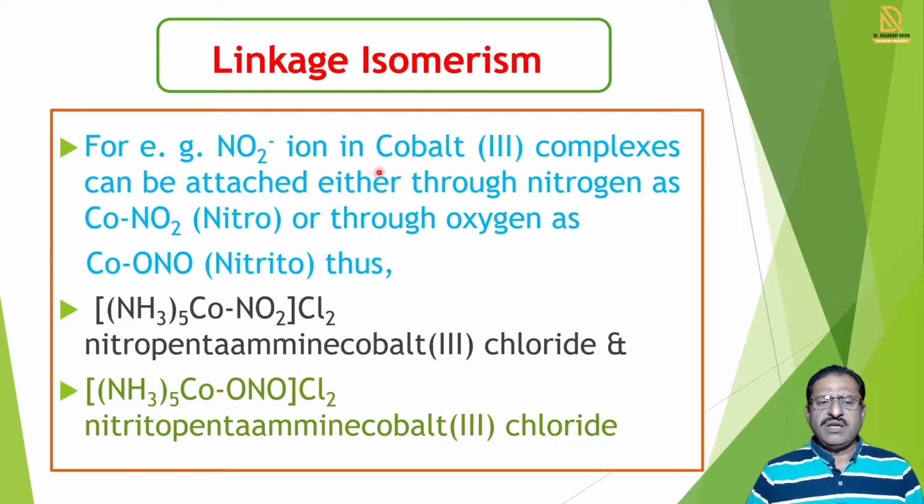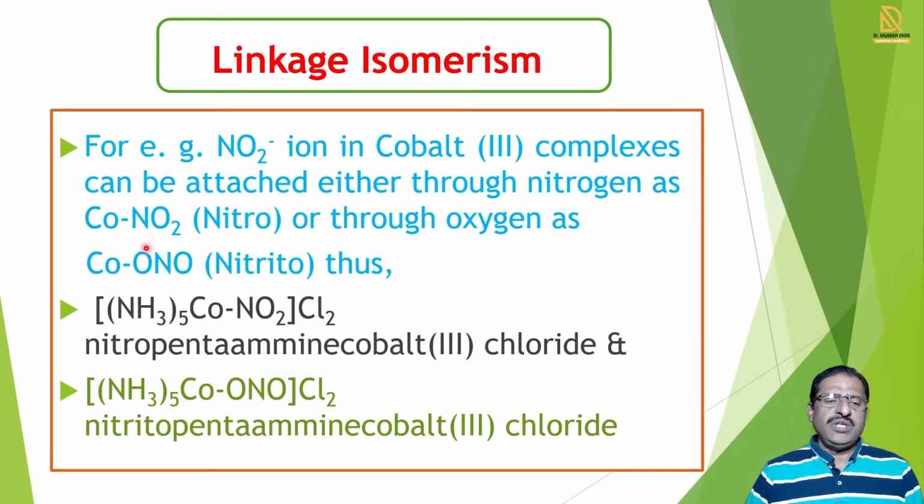So the NO2 ion, when it combines with a metal like cobalt, forms complexes, and there is formation of the Co-NO2 complex. In that Co-NO2 complex, nitrogen is bonded with the cobalt, and here NO2 is the nitro ligand. But instead of nitrogen, oxygen can also donate, and the point of attachment or linkage is changed.